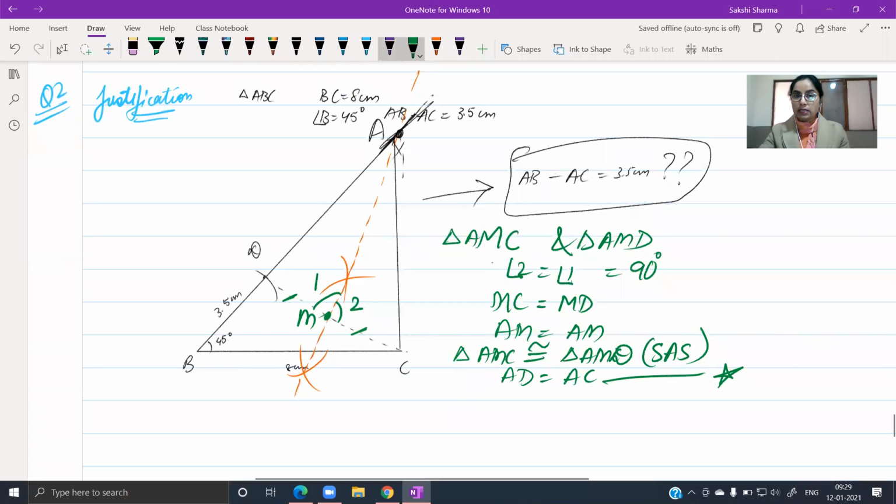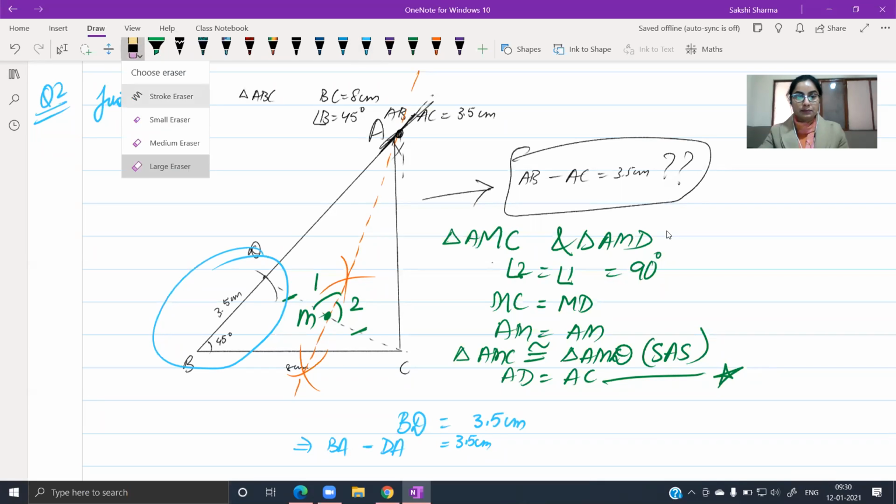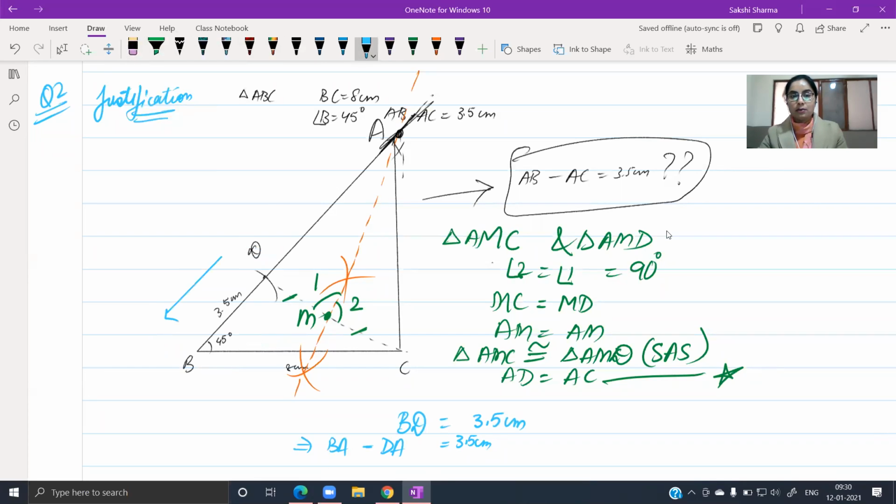Let's mark this as star and now I'm going back to this BD जो मुझे 3.5 centimeters दी हुई थी. This can be written as the difference between BA and DA. Right? BA minus DA. This will be 3.5 centimeters. Take a quick look.